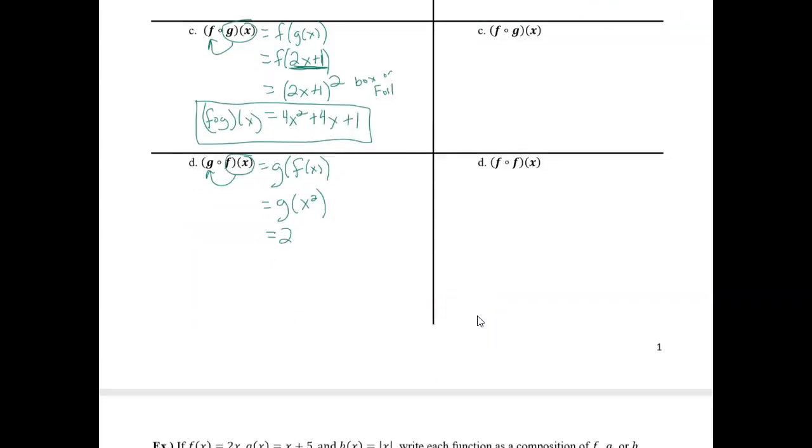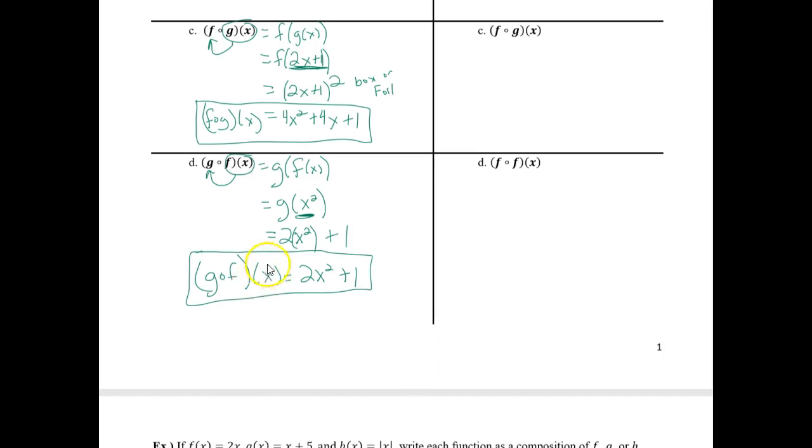So we replace x with x squared. So x squared is going in for x. Everything else stays the same. The 2, the 1, everything else stays the same. And so g of f of x is just 2 times x squared plus 1. There's no like terms. There's nothing to multiply out. That's as far as we can go.